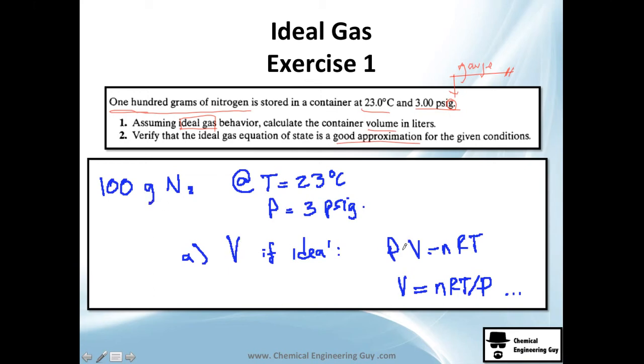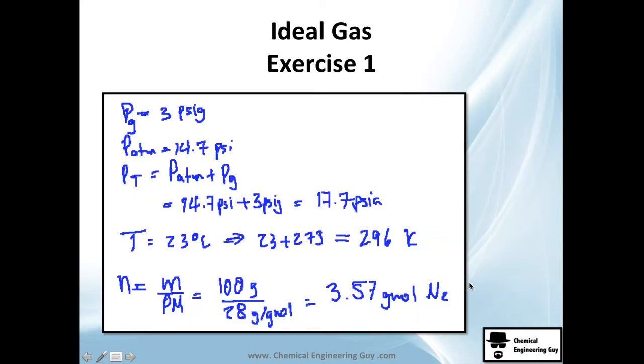If ideal, we have the equation PV equals nRT. We just look for V, take out P down here, and then you have nRT divided by P. So, the thing I told you before, gauge. We need the total pressure of the system, and remember we need absolute pressure, which is the atmospheric one plus the gauge one, because probably you've seen this with a tire.